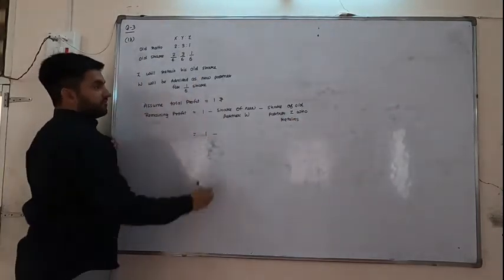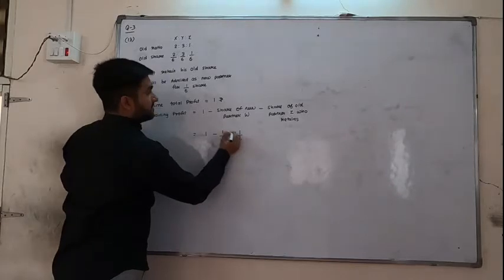So 1 minus share of W, which is 1/6, minus share of Z, which is also 1/6.